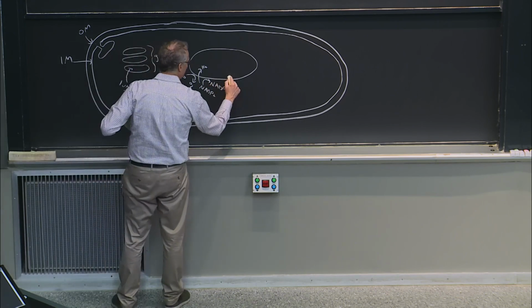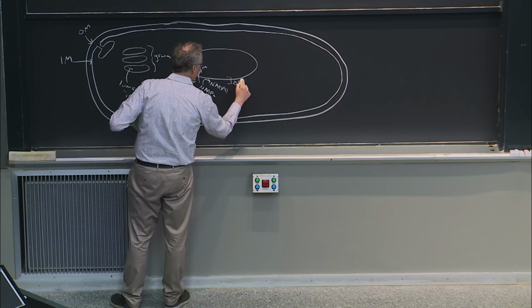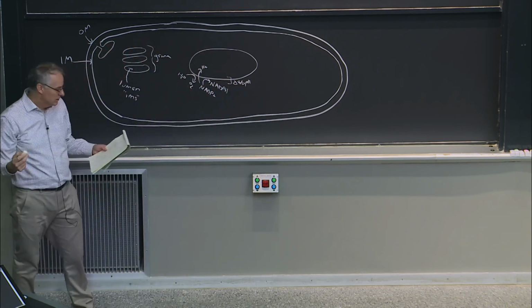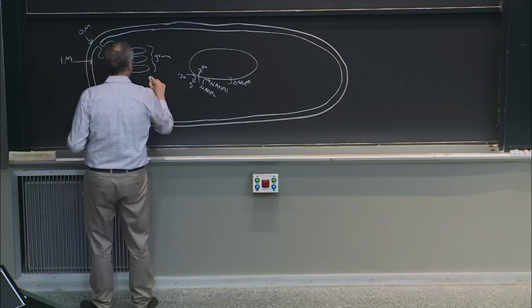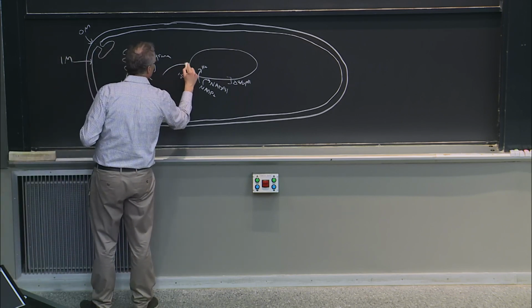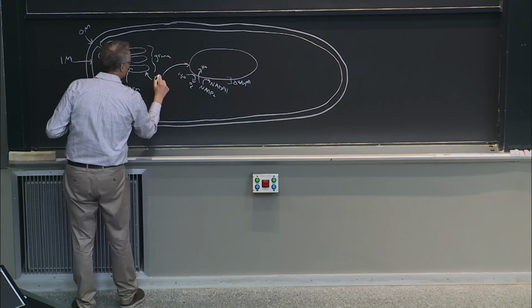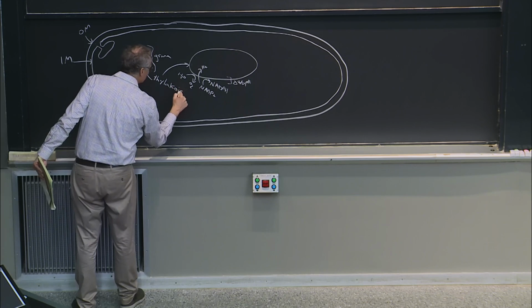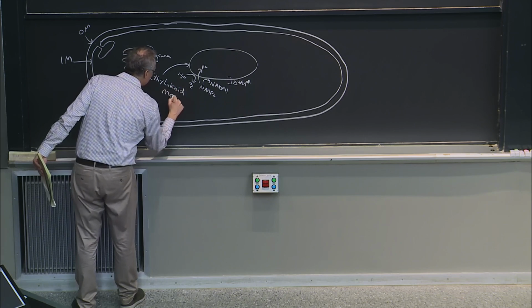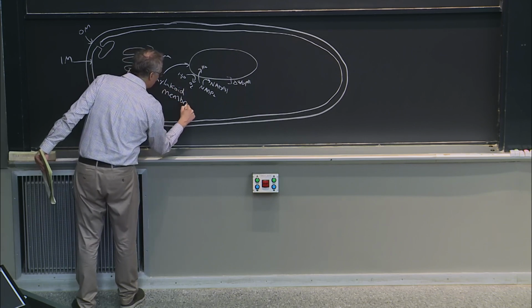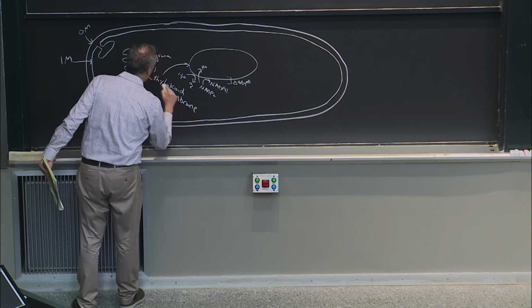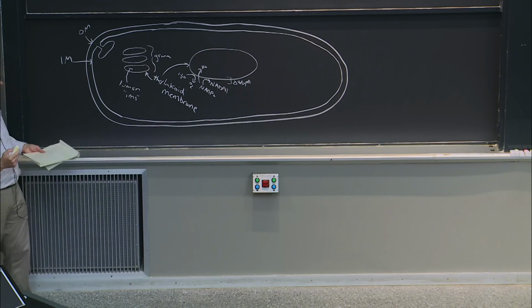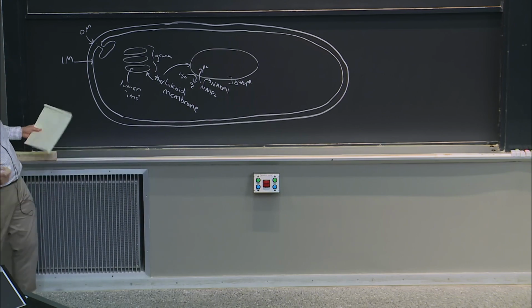That generates a membrane potential across this membrane, which is, by the way, the same membrane there. This is called the thylakoid membrane.